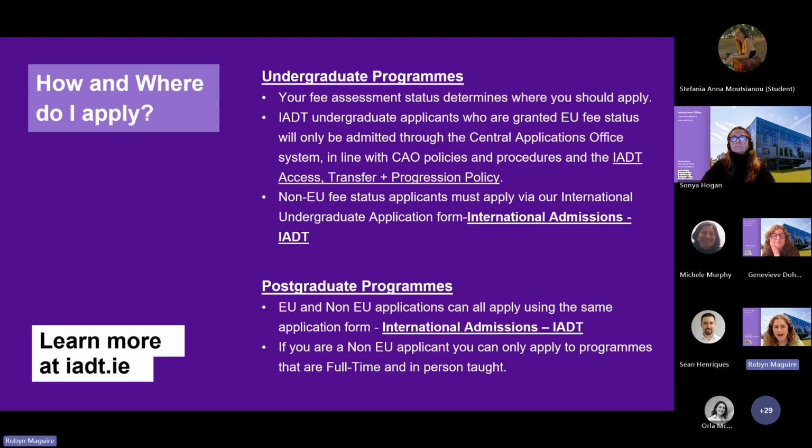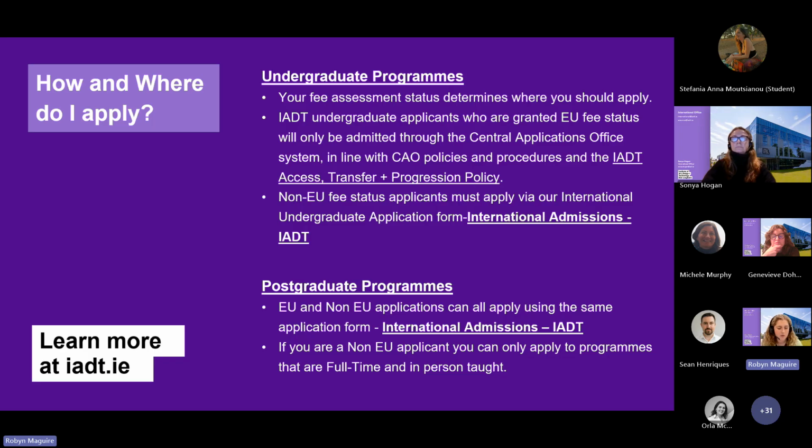So how and where should I apply? There are 2 types of programs here in IADT. We have undergraduate degree programs and postgraduate programs. I can see that most of you who filled out the poll are applying for or have applied for postgraduate programs, but I'll explain the undergraduate first. With our undergraduate degree programs, where you apply depends on your fee status.